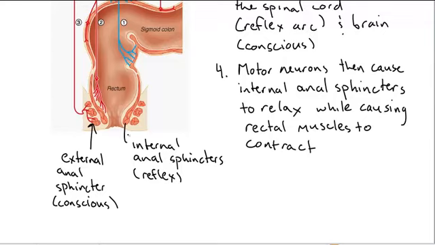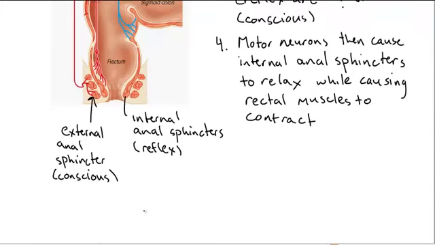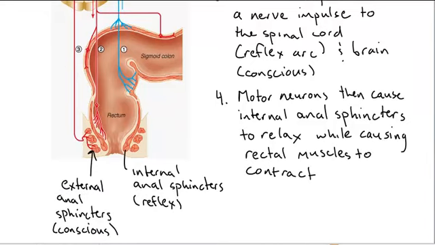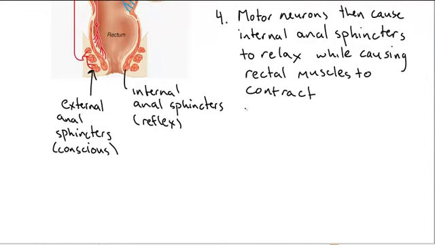If it's an inappropriate time for defecation, then they can override and keep the external anal sphincters contracted. Okay. So this one goes off to the brain. That's the defecation reflex. And when we're really sick, this external control will be overridden.